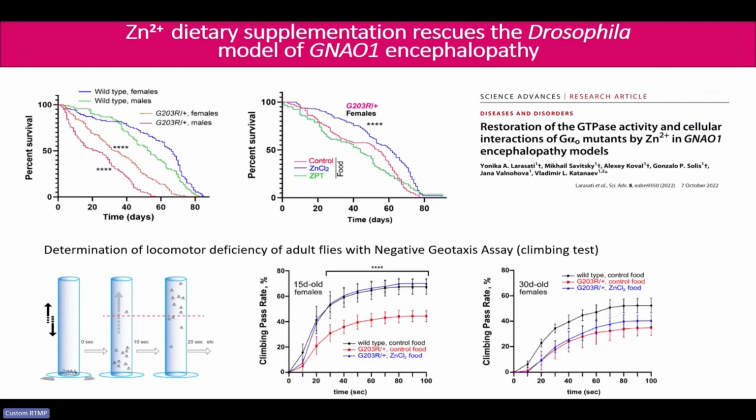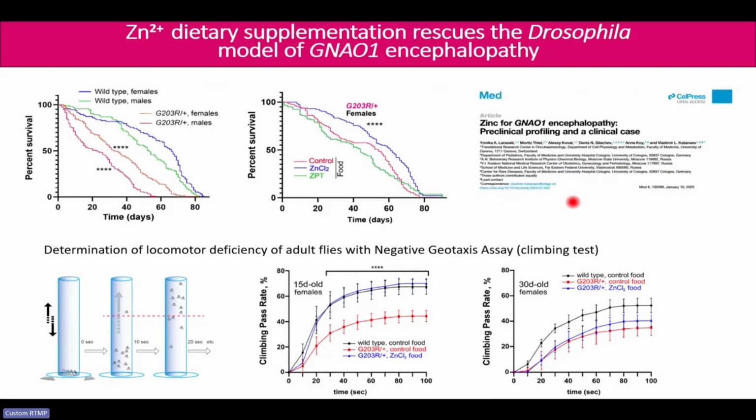On this graph you can see ten-day-old females. The mutant flies without zinc supplementation show quite low locomotor activity.